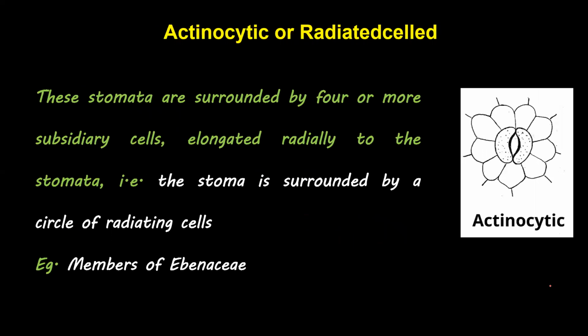Now coming to actinocytic or radiate-celled type. These stomata are surrounded by 4 or more subsidiary cells elongated radially to the stomata. That is, the stoma is surrounded by a circle of radiating cells. See, look at the appearance.